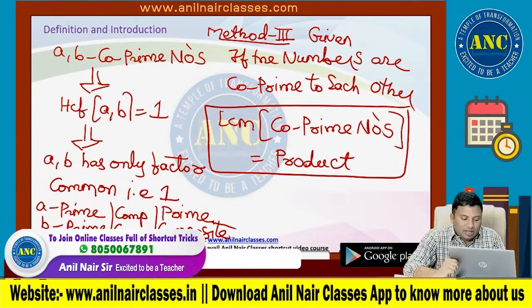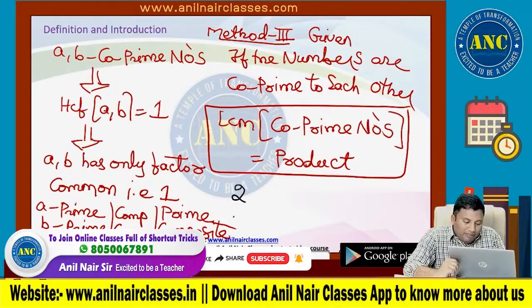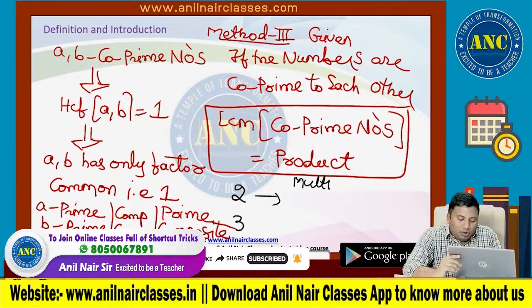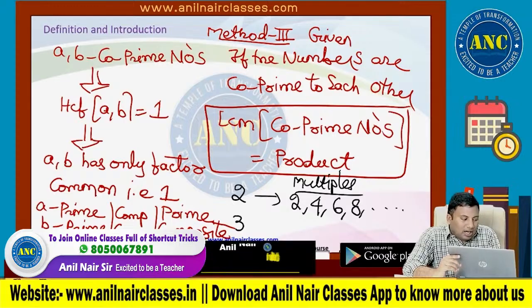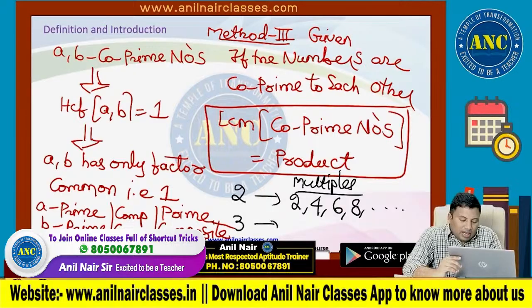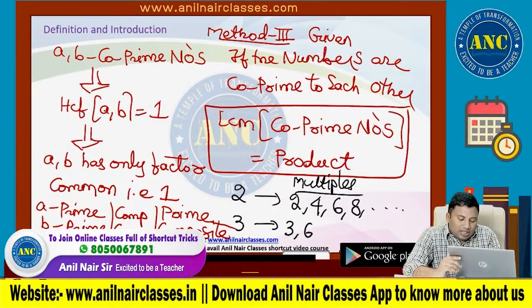Why? Because if I take 2 and 3, which are co-prime to each other, the multiples of 2 are 2 1s are 2, 2 2s are 4, 2 3s are 6, 2 4s are 8. 3 1s are 3, 3 2s are 6, 3 3s are 9, and so on.